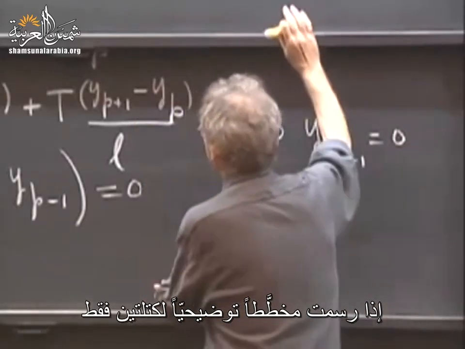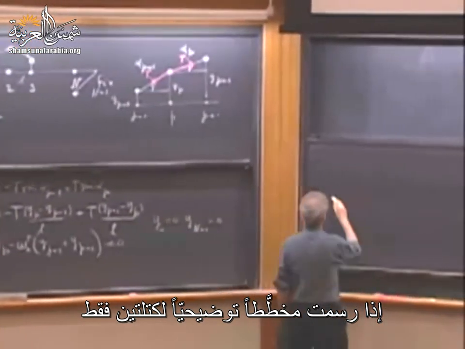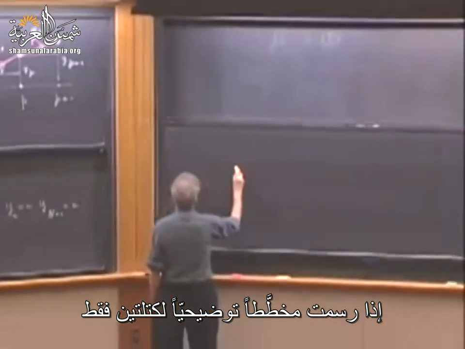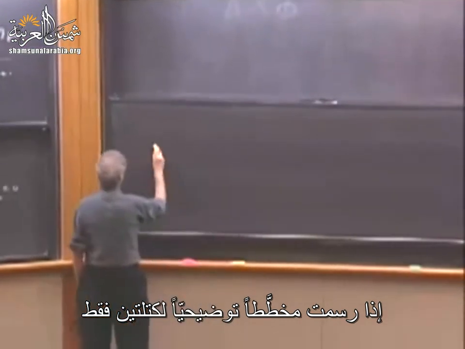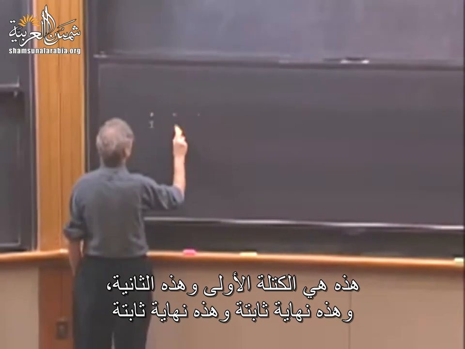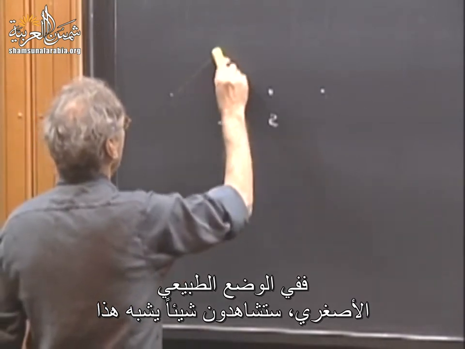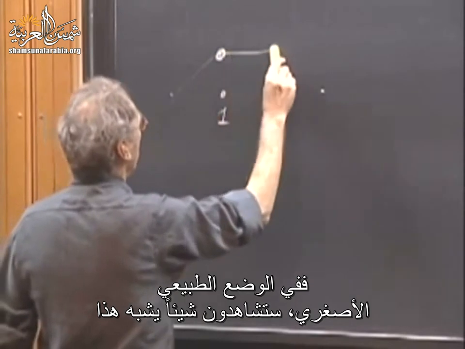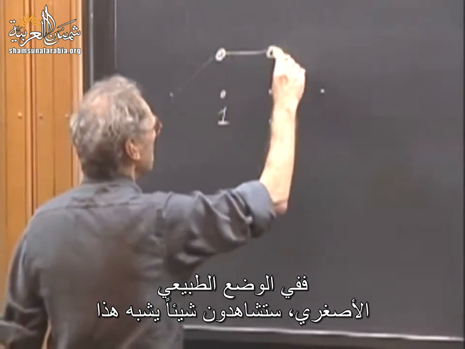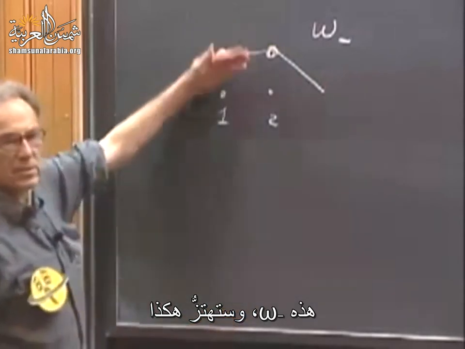So if I made a sketch, sort of to warm you up to the idea, for only two particles, so this is number 1, and this is number 2, and this is a fixed end, and this is a fixed end, then you can see that in the lowest normal mode, you're going to see something like this. So this is omega minus, and it's going to oscillate like this.